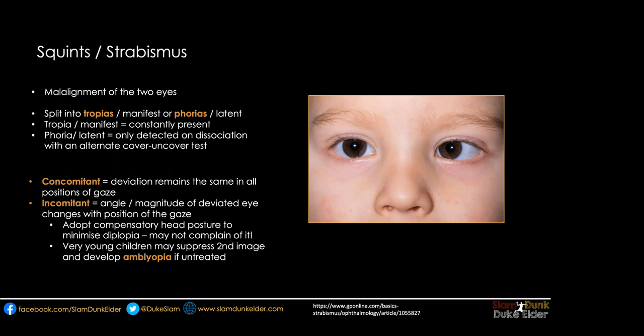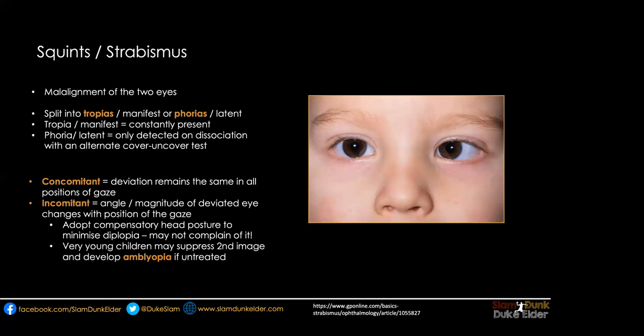We can also split squints into concomitant and incomitant squints. In concomitant squints, the deviation of the eyes is the same in all directions of gaze, whereas in incomitant squints, the angle, the magnitude of the squint, changes with the position of gaze. This is quite important, especially in children, where they're not going to give you such a good history, and things aren't as easy to elicit.